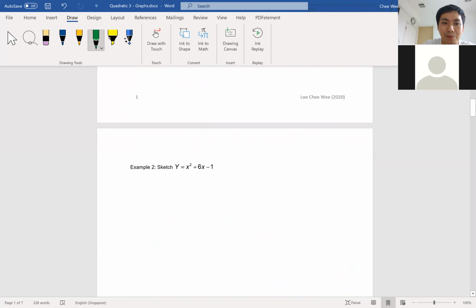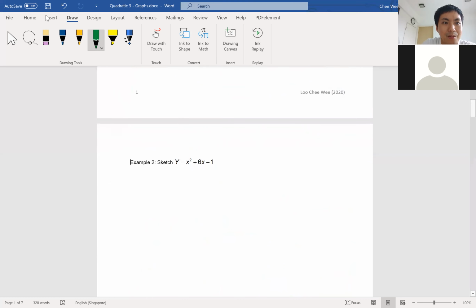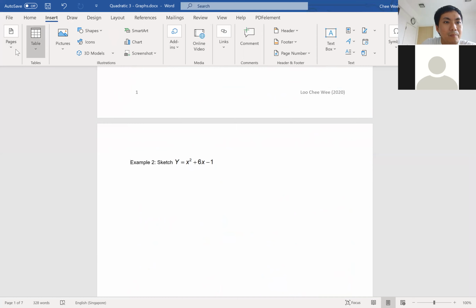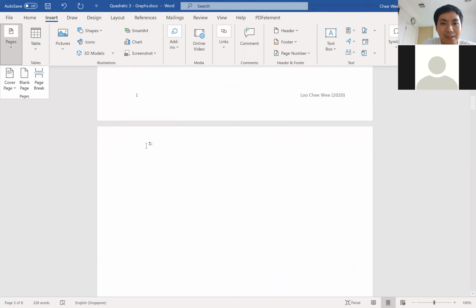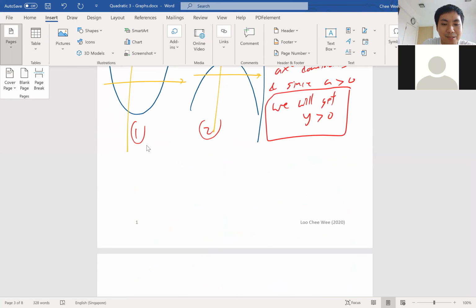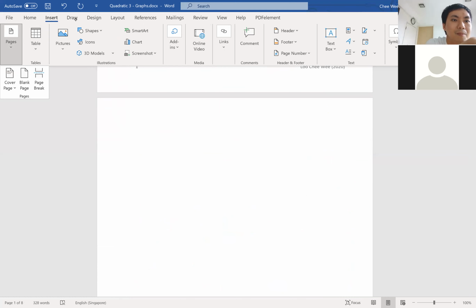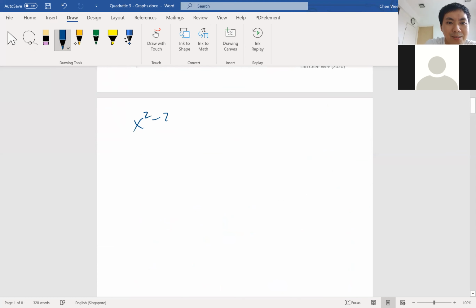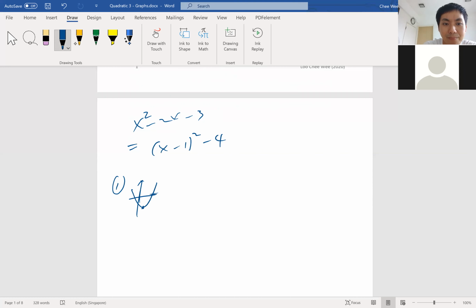Okay, let's view this same example: x squared minus 2x minus 3, which is known to be (x minus 1) squared minus 4, right? So the first observation is it must be a U-shaped graph.